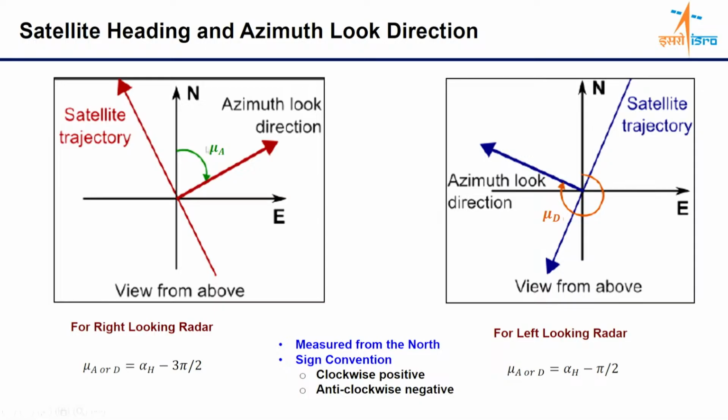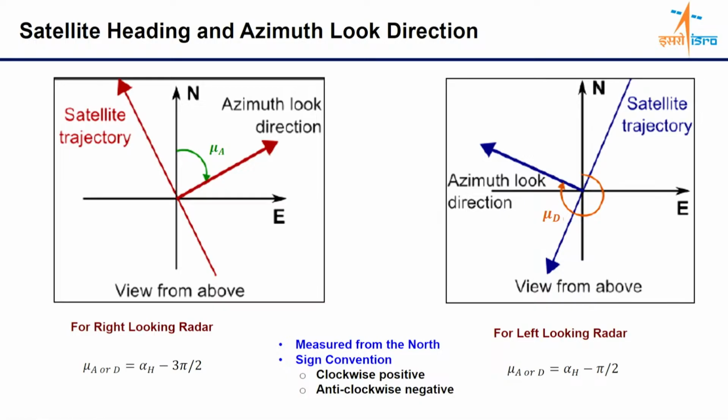Okay, so keep in mind, if you are mentioning in the positive sign, then you are basically measuring this angle. Okay, another way of measuring this angle is like if you are measuring anti-clockwise, so from angle from here to here, this is also called the azimuth look direction.